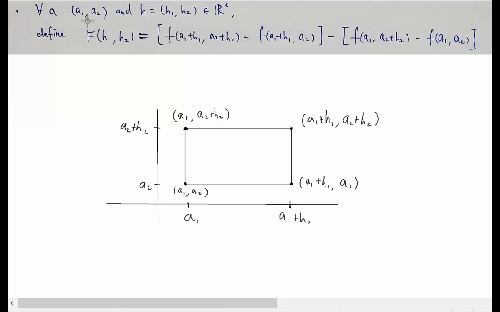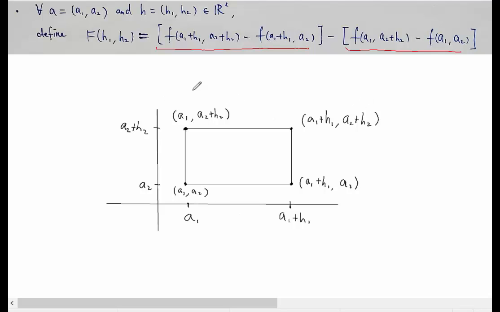Now for any a and h in R2, we define a function capital F to be the right hand side. And note that the right hand side is given by the difference of two differences. This is the first difference, and this is the second difference, alright? And there are 4 points being involved in these differences. And here is a diagram showing the position of the 4 points.